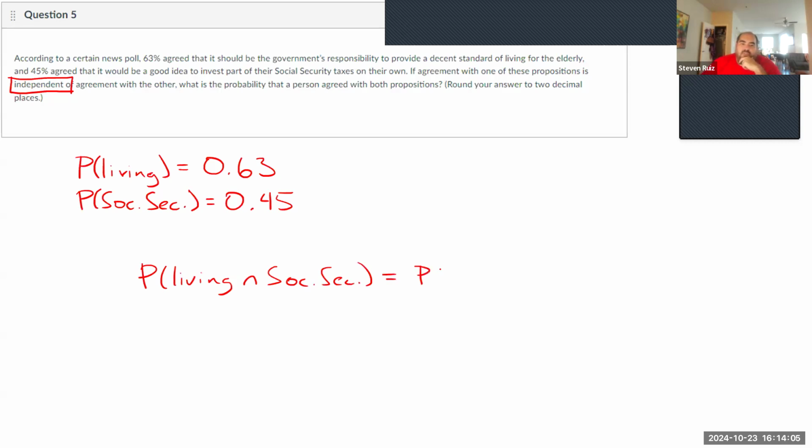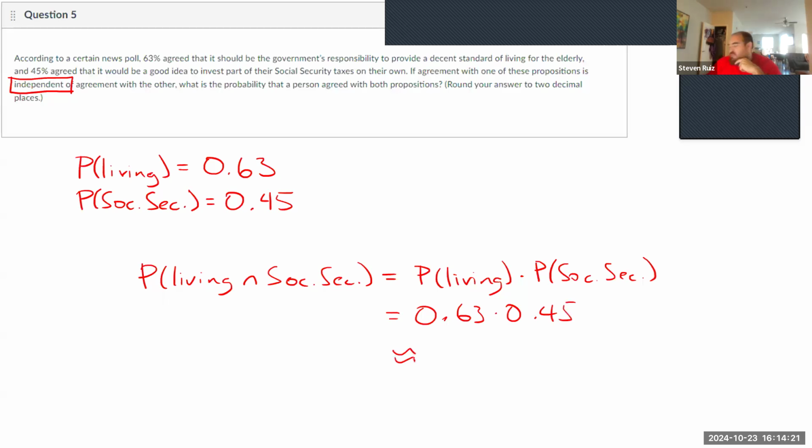That'll be equal to P living times P Social Security. So 0.63 times 0.45, and rounding to 2 decimal places, that comes out to 0.29. All right, and that's all for exam 2.